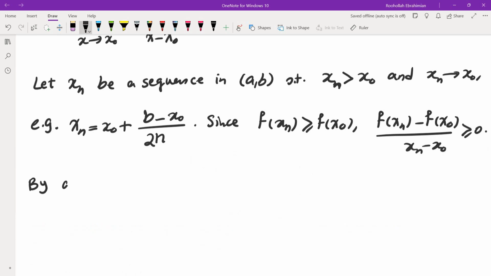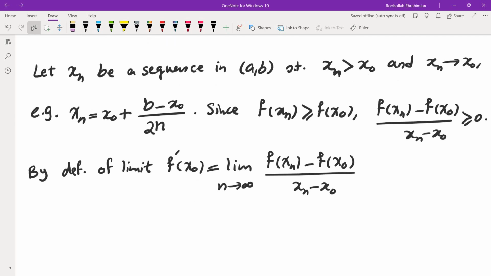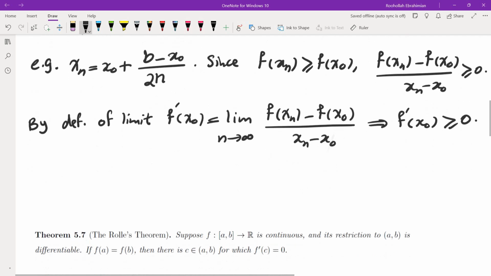By definition of limit, f prime of x naught is equal to the limit as n approaches infinity of f of xn minus f of x naught over xn minus x naught. However, this fraction is greater than or equal to 0. So that means f prime of x naught is greater than or equal to 0.